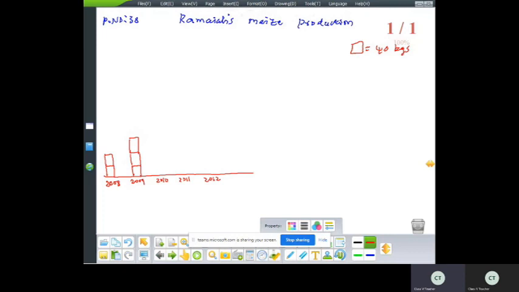In 2010, 5 boxes. In 2011, 7 boxes. In 2012, 7 boxes.